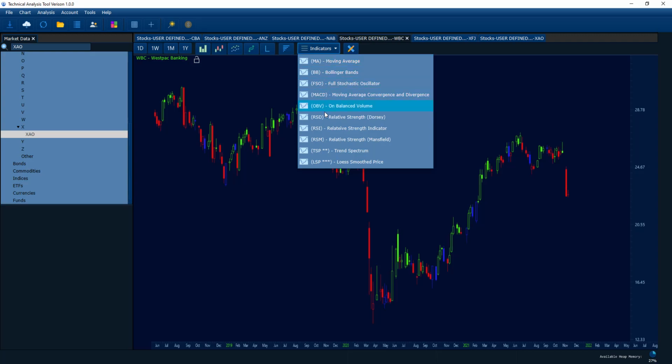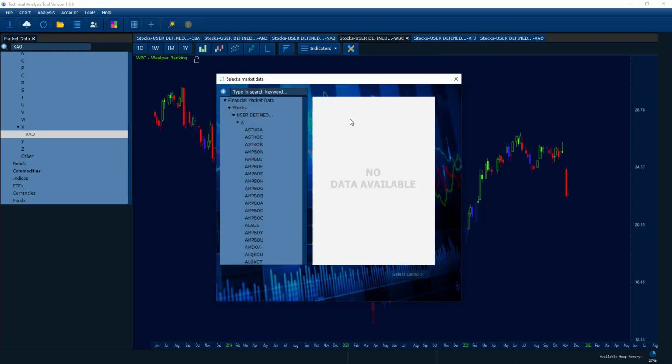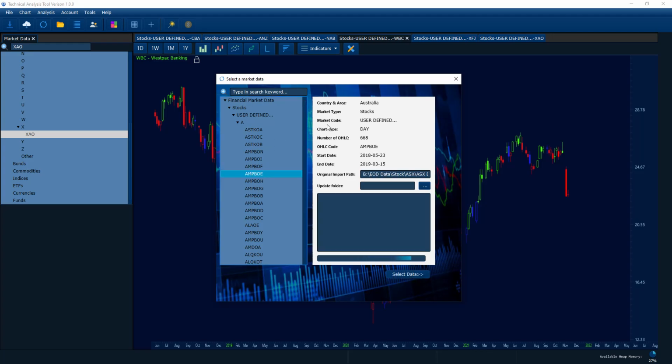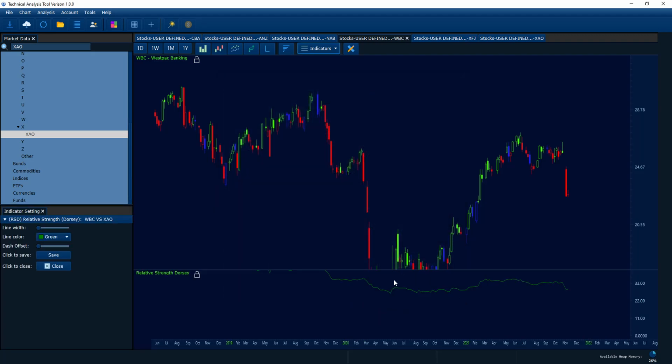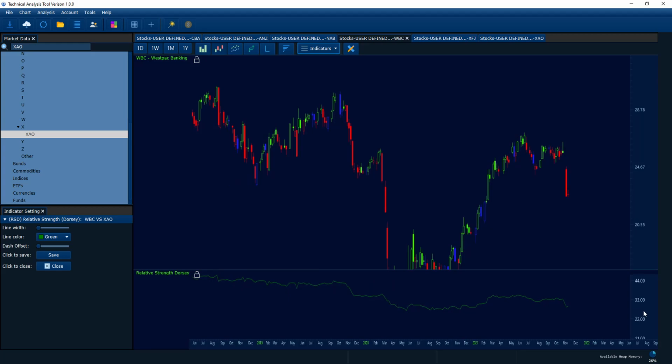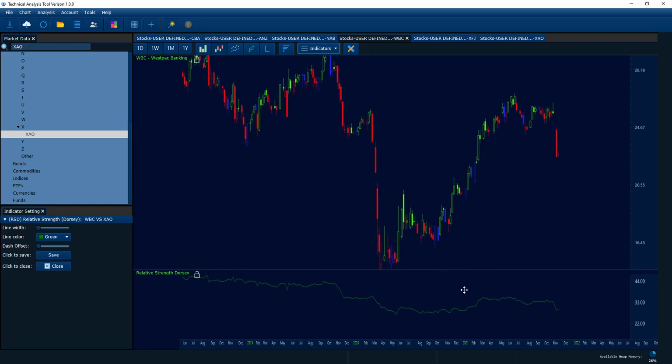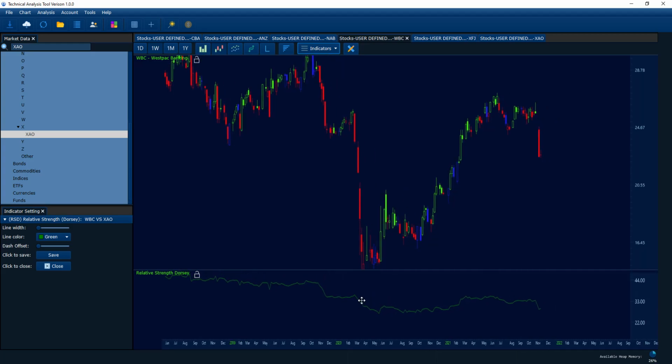Click that drop down list, point to the RSD, that's relative strength Dorsey. If you click on that, it's a little bit different from other indicators. This one requires you to input, because you want to compare Westpac with XAO. So here is where you put XAO. You tell the indicator what you want to compare with. Then you select data.